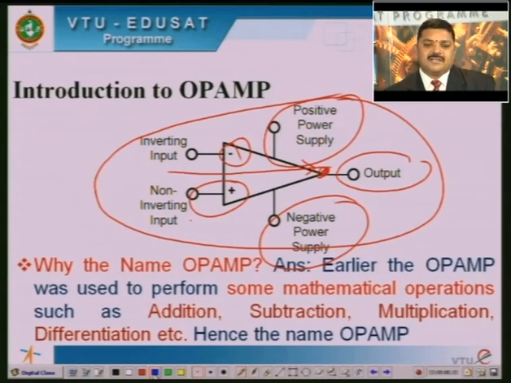People earlier were using this operational amplifier circuit for finding the addition of 2 signals, subtraction of 2 signals, multiplication of signals, differentiation of signals. Because it does mathematical operations on signals, they gave it the name operational amplifier.